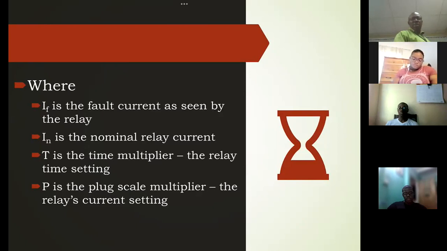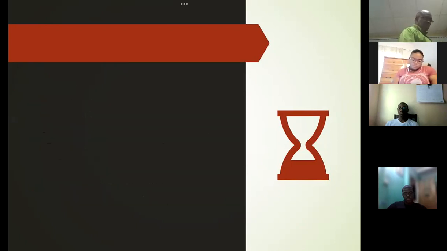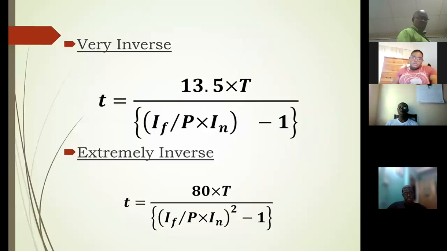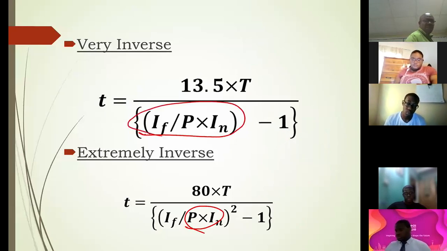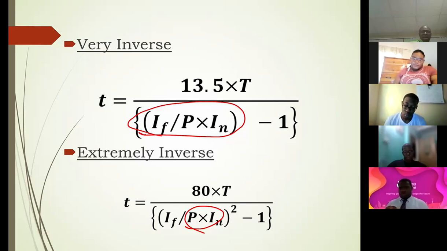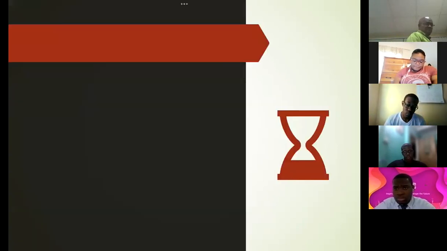What the denominator is really giving you here would be the plug setting, and so IF over PIN would be giving you the multiplier in terms of what you are seeing during the fault. But I'm giving you the PIN because the example that we use would require that information. Don't get too thrown off by it.